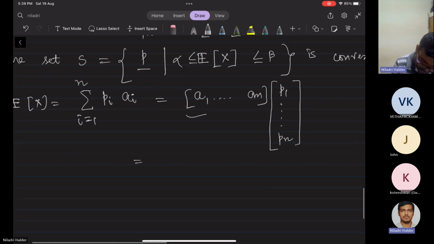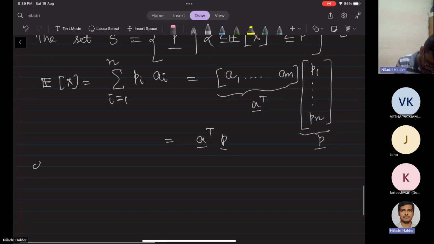So this is a transpose p, and alpha is less than or equal to the expectation of x, which is less than or equal to beta.